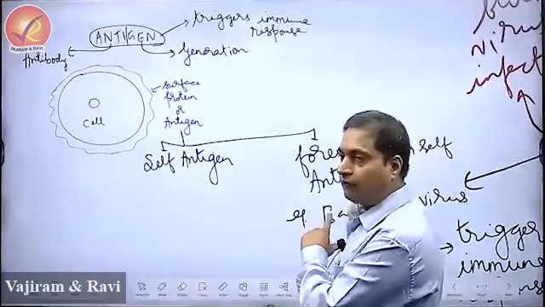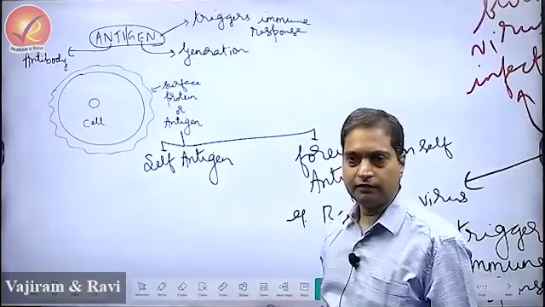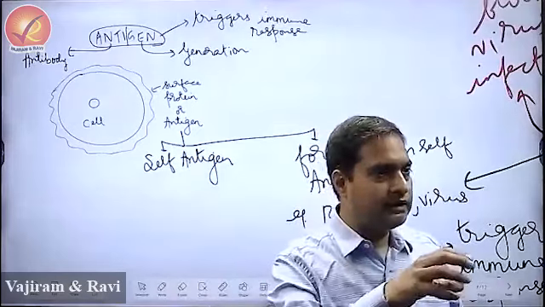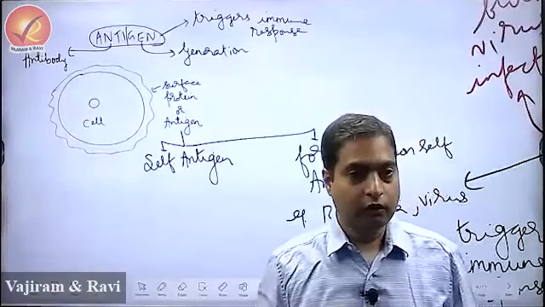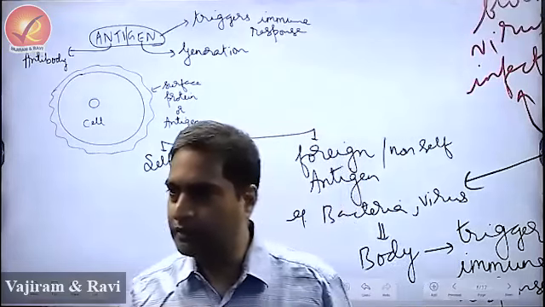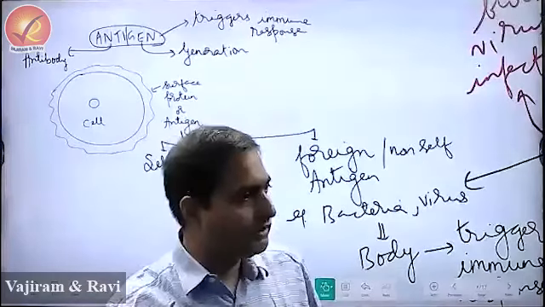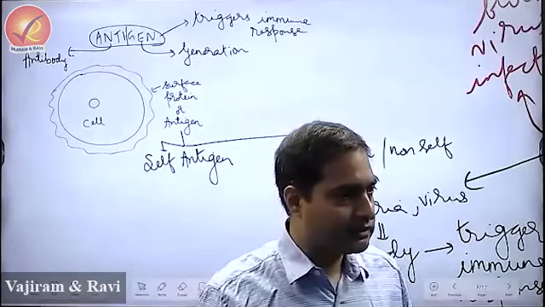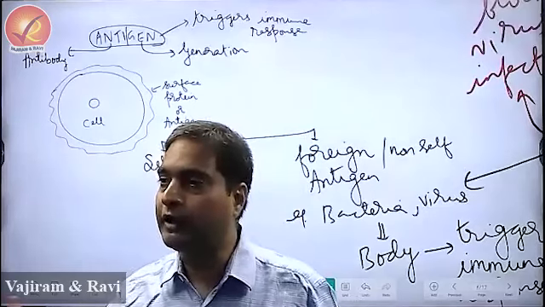Now, our white blood cells will not produce antibody against self-antigen. Our white blood cells will not start attacking what? Our liver cells and kidney cells. If it happens, we call it as what? Autoimmune reaction or autoimmunity. If our own white blood cells start producing antibody and harming our own healthy body cells, then it is a breach of the task, and that is called as what? Autoimmunity, autoimmune reactions.